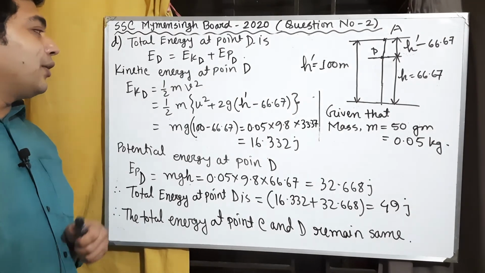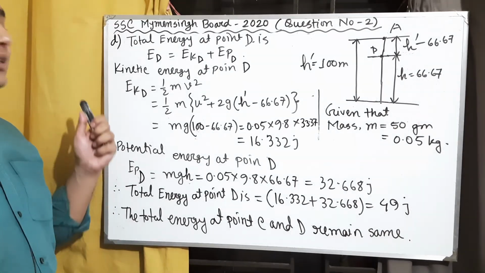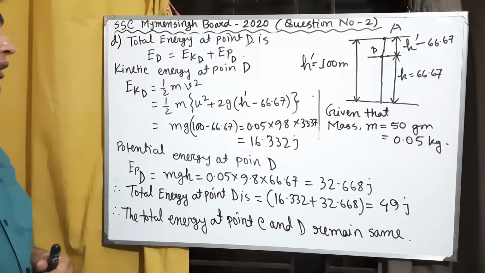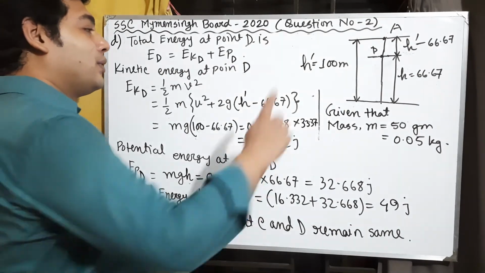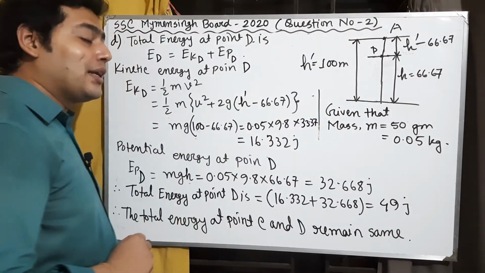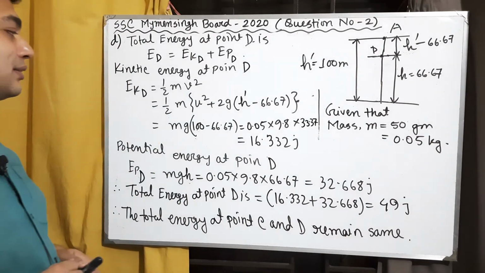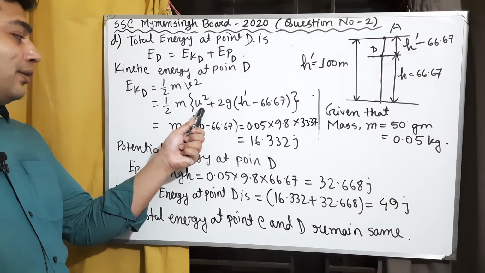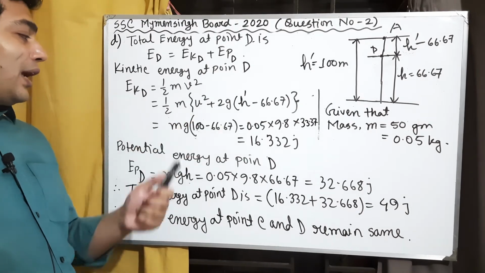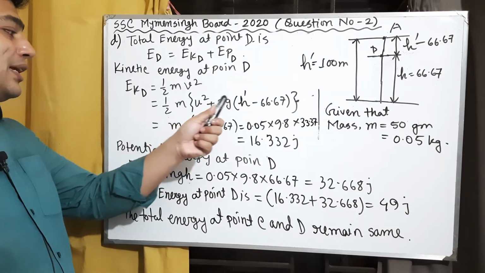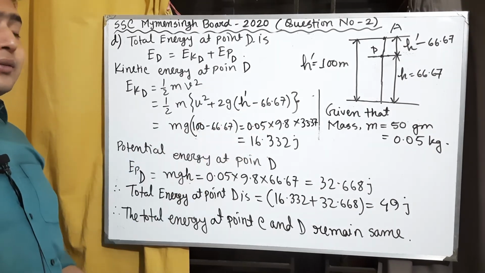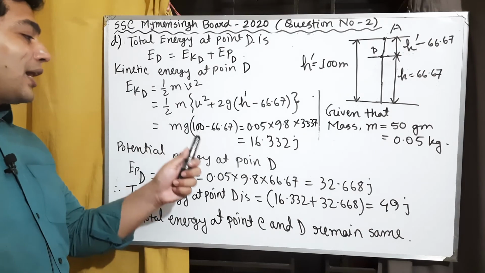The kinetic energy at point D is EKD equals half of mv square, and we know that at the highest point the velocity is 0. So the 2 cancels and we can write mg into (s prime minus 66.67).